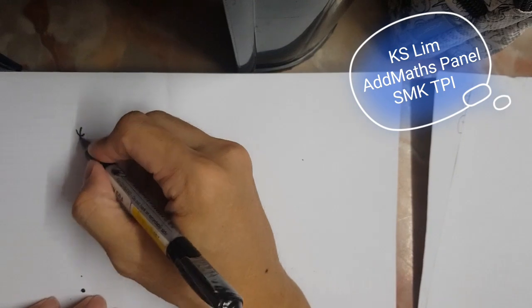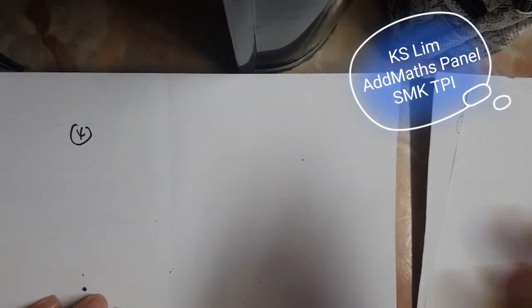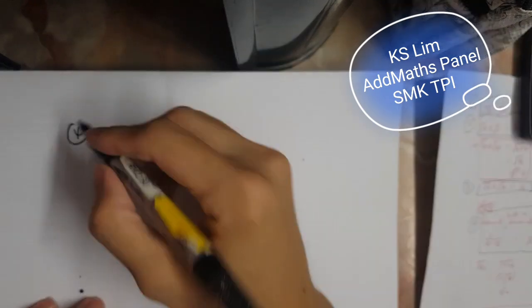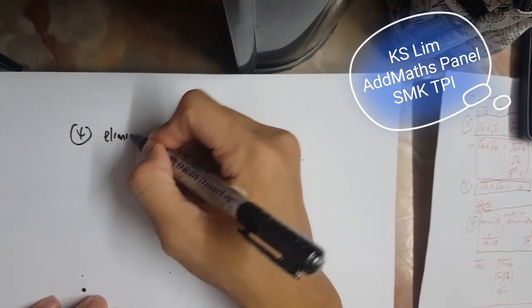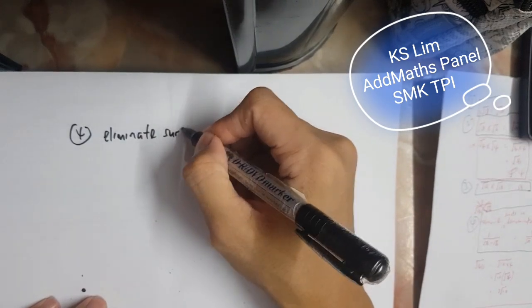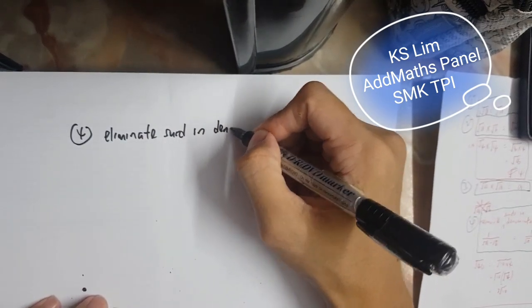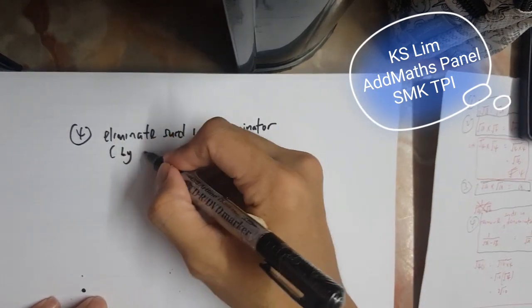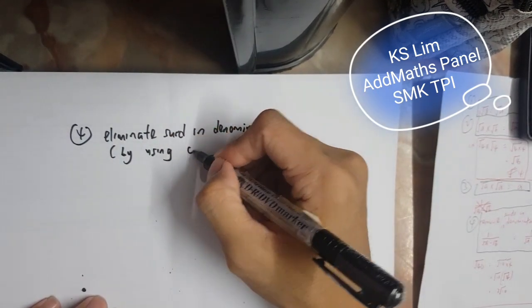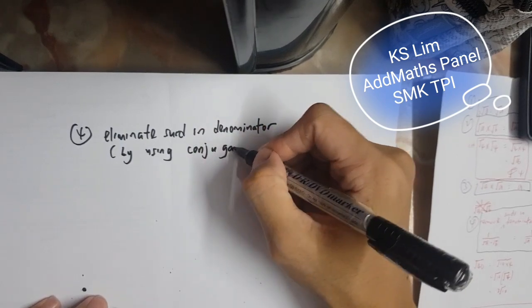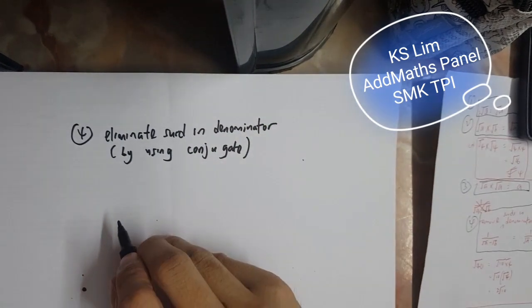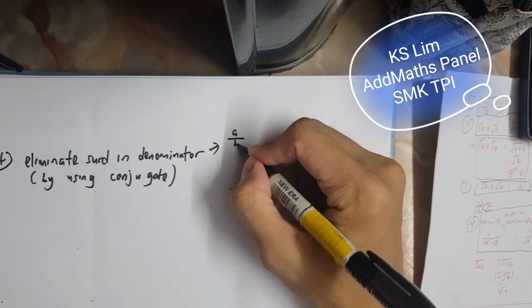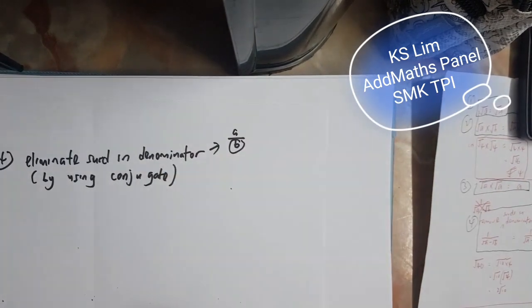Now, concept number 4. This concept actually is quite brand new for you. That is, we are going to eliminate surds in denominator by using the concept of conjugate. So what is mean by denominator? Okay, let's say you have a fraction A over B. So B is denominator.